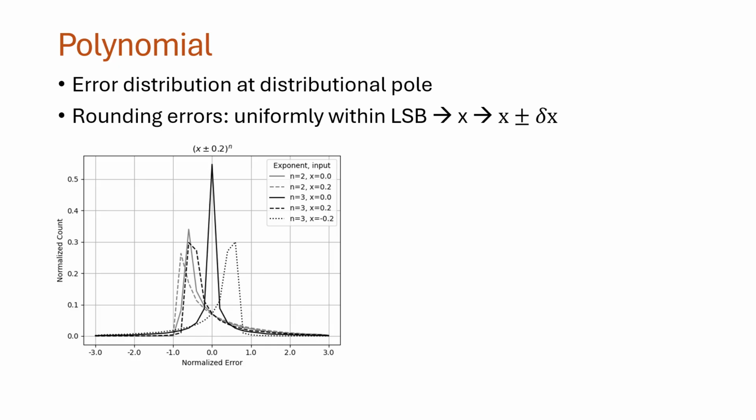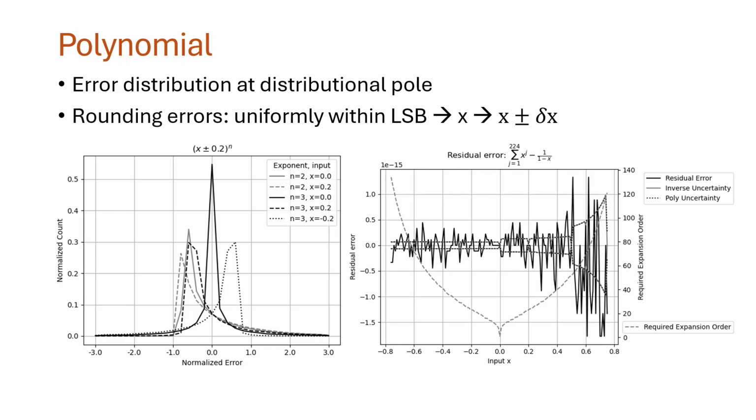Using this formula, we can change a floating number x into x plus delta x, where delta x is the deviation of a uniform distribution whose range is plus minus 1. And we can see how effective this strategy is.